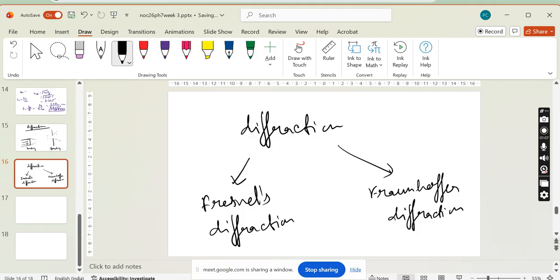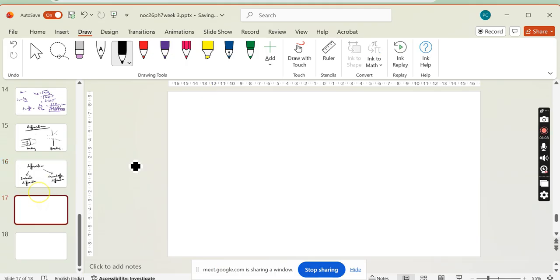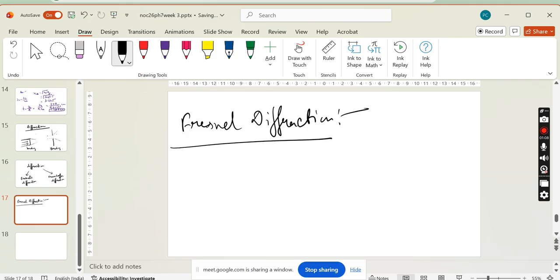And what is the main difference between Fresnel's diffraction and Fraunhofer diffraction? It is because one is near field and one is far field.